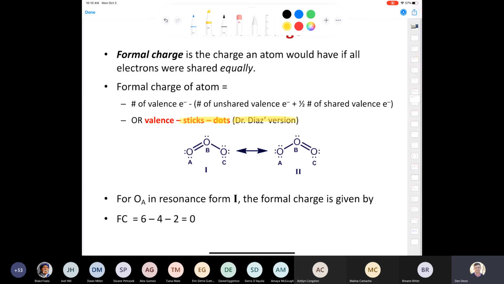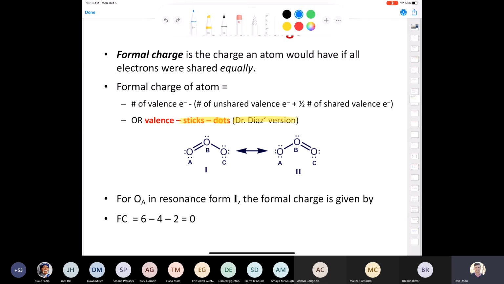Here's the formula that's put forth in our book: you subtract the number of unshared valence electrons, so that's the dots, and 1/2 of the shared, so that's 1/2 of the bonds, which means the number of sticks. Either way works. I find the sticks and dots easier for students to memorize, so I'll keep working with that.